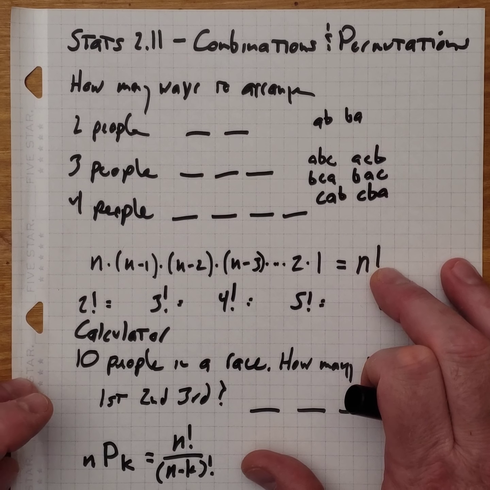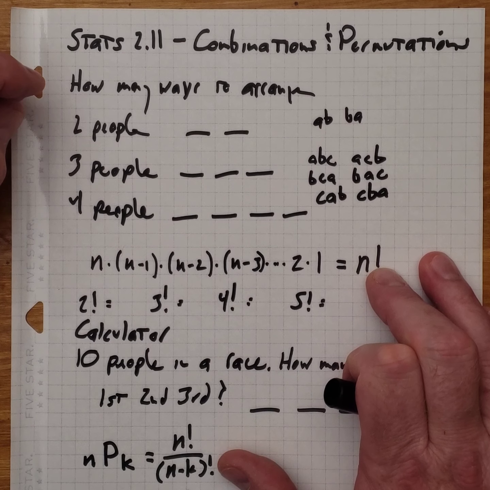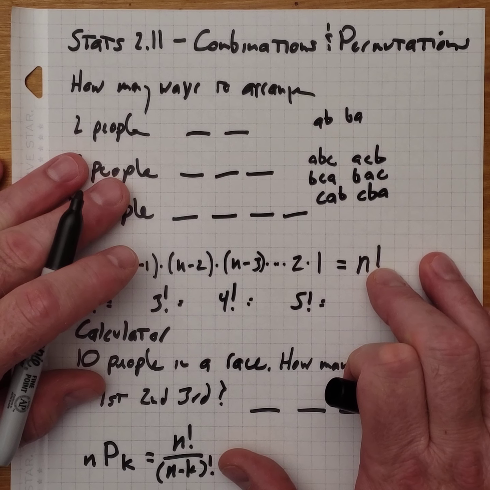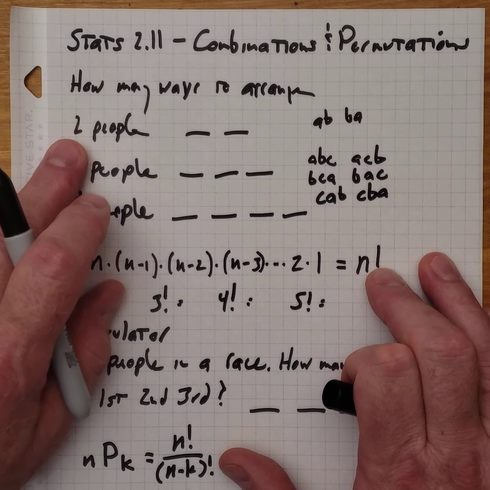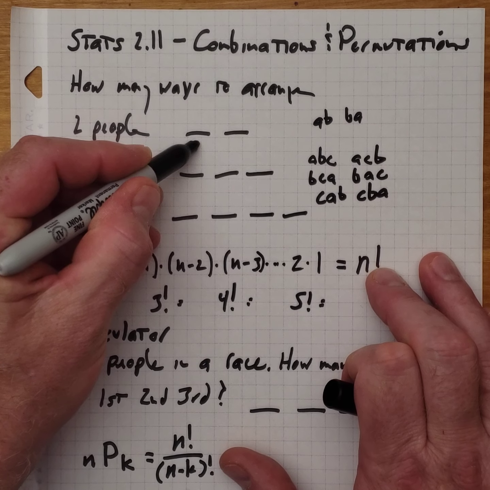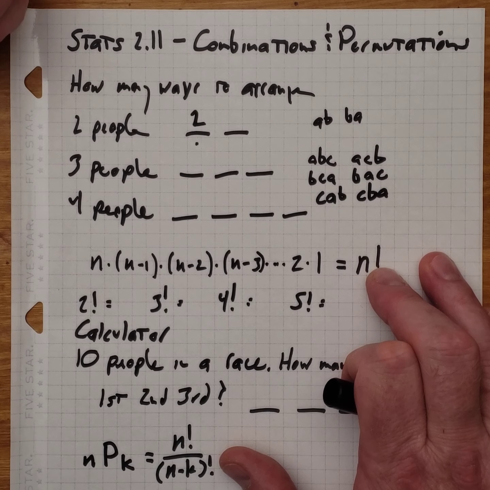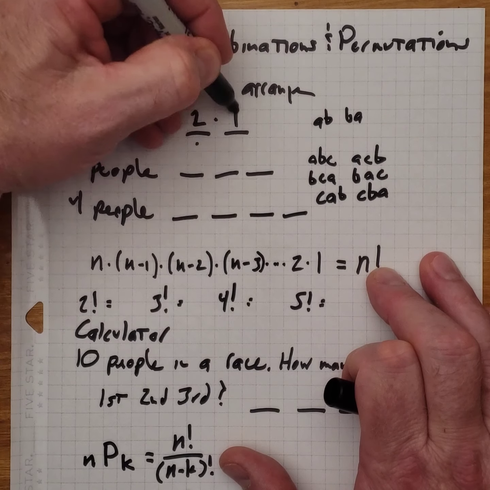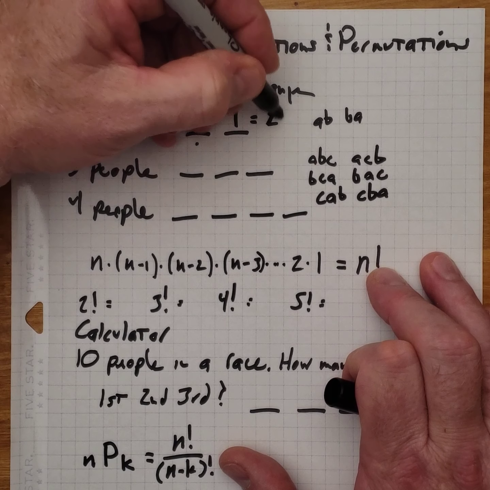It's just too many. But I want to look at a different way to calculate this, which is, if we're talking about arranging people, think about it being first, second, and third place. If you've got two people, how many options are there to come in first? Either one of them could come in first, so there's two options. How many options are there for the second place person then? Well, if there's only two, then there's only one person left over for second place, and 2 times 1 gives us 2.